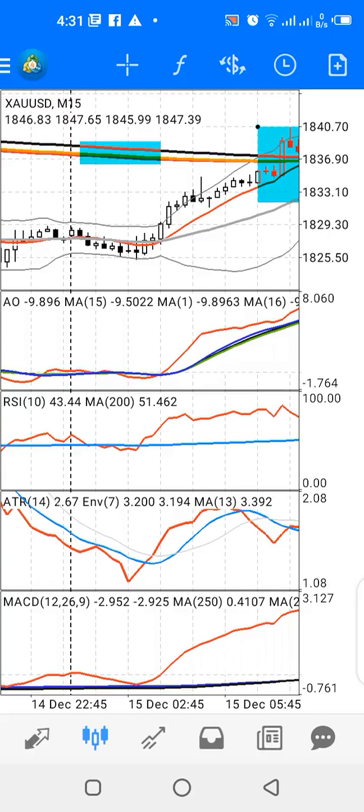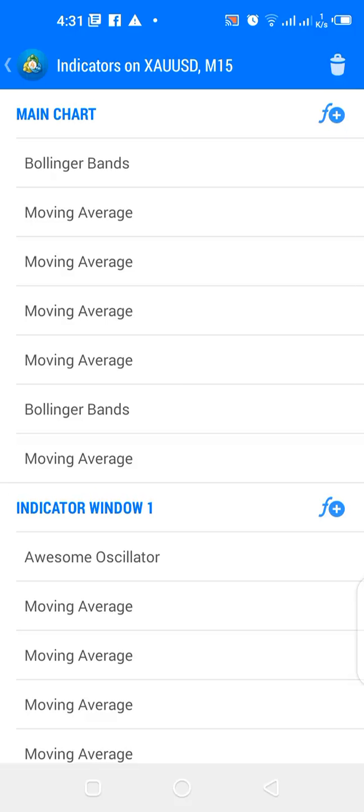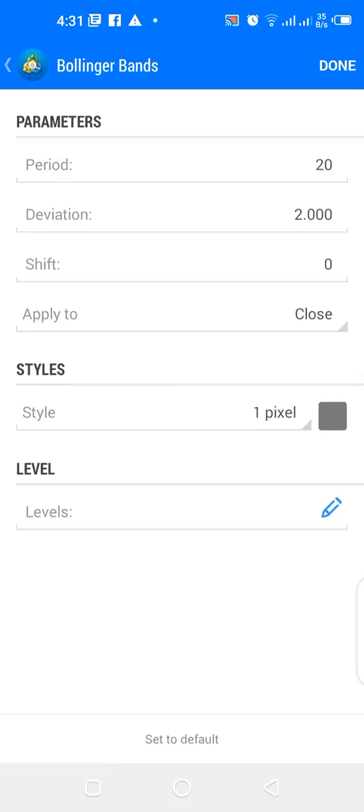Let's look at the settings of the main chart. We have the Bollinger bands, period is 20, deviation is 2.0, apply to close, and color is gray.